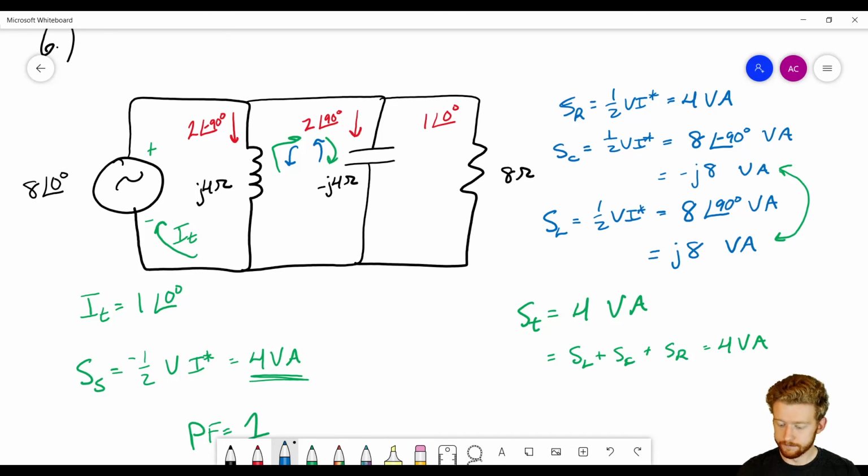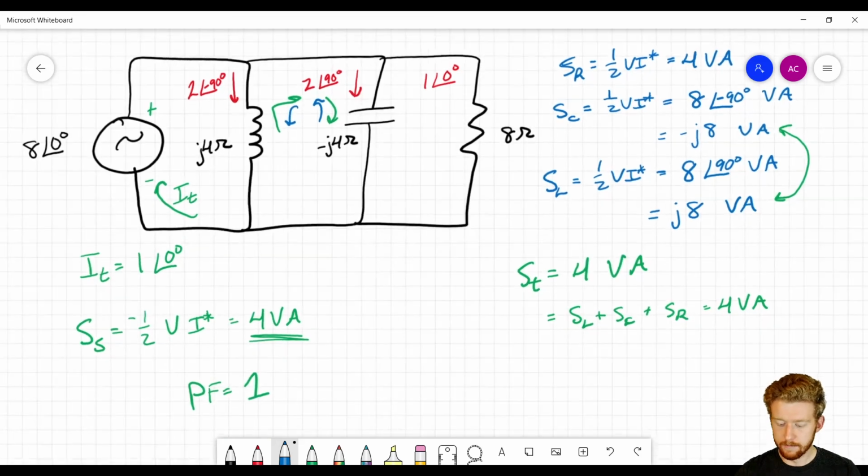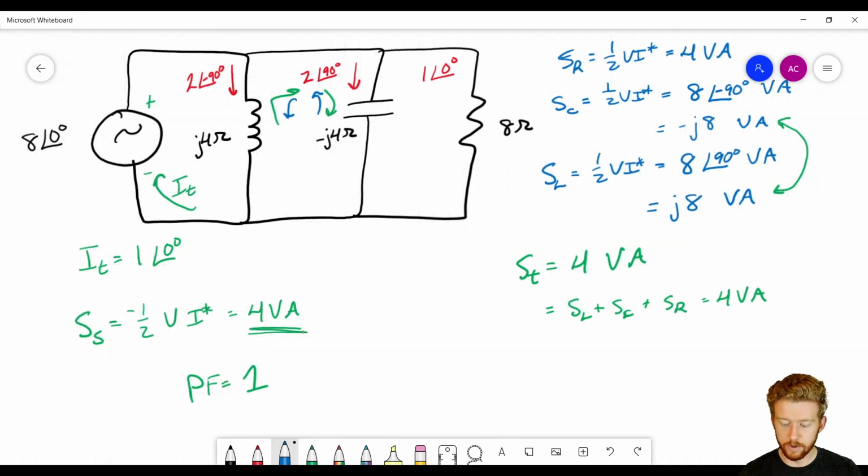Okay, so like I said, we're going to talk about this setup later on. This is called a resonant circuit. Okay, but don't get too confused with this. The main thing to know is that we are supplying 4 VA, we are consuming a total of 4 VA, so that circuit makes sense, and we've pretty much solved all the powers in this circuit.